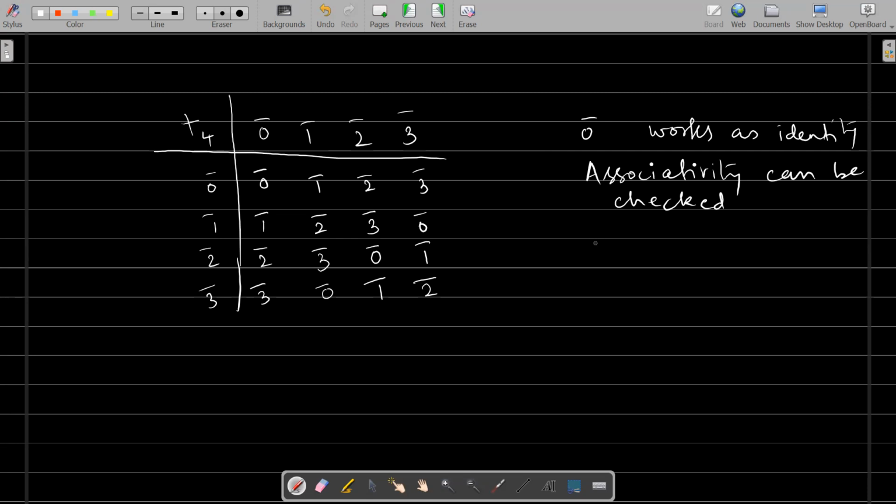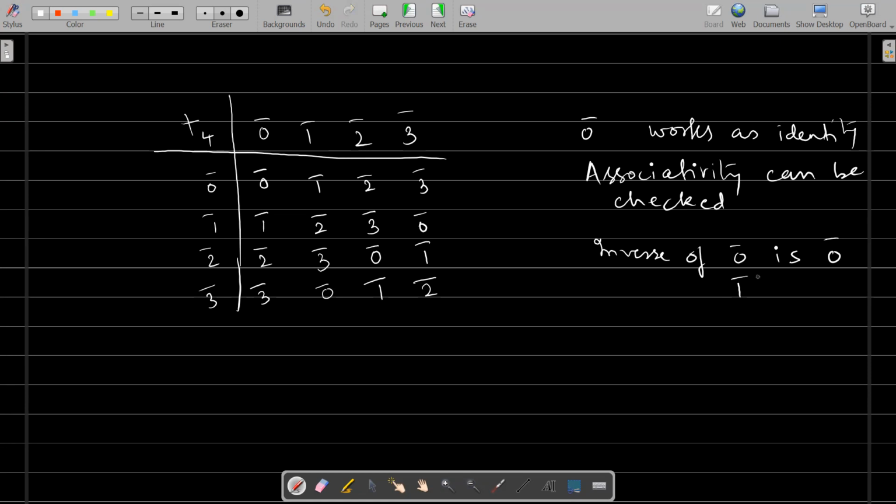So what is the inverse of 0 bar? 0 bar. Yeah, 0 bar. More generally, the inverse of identity is identity itself because e star e will be e, obviously. Right? So the inverse of identity is always identity.